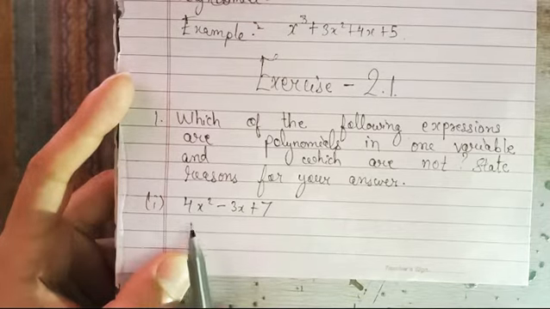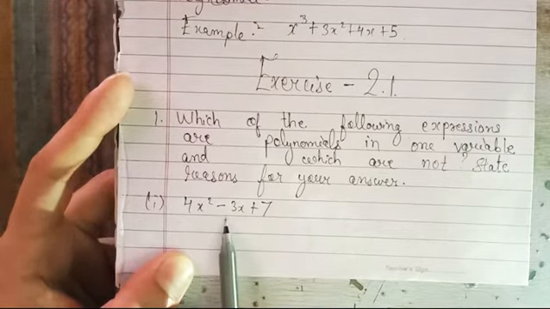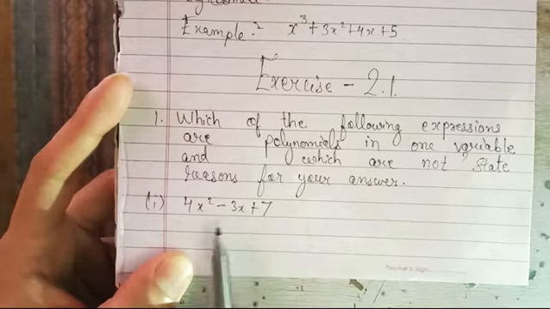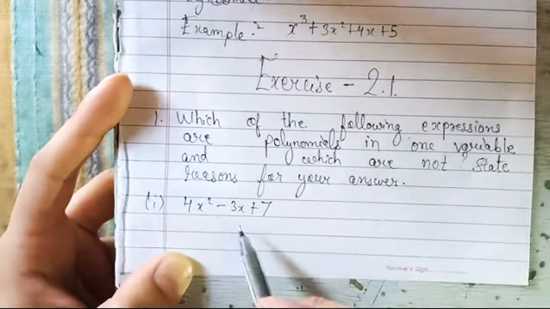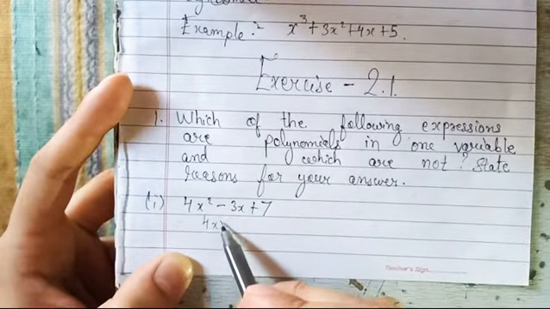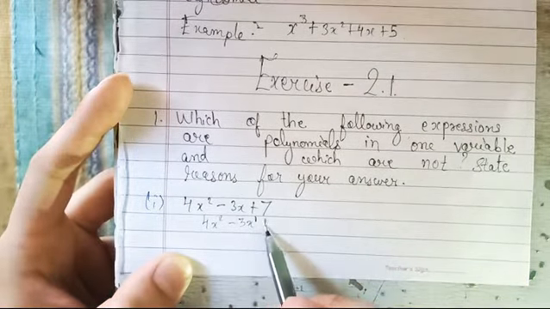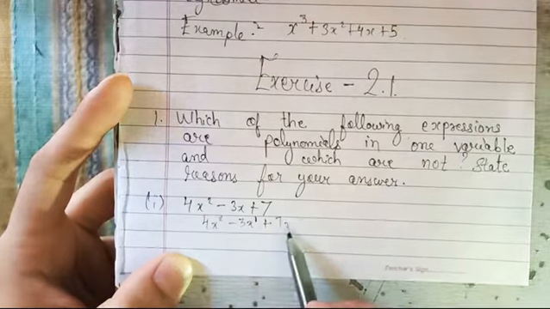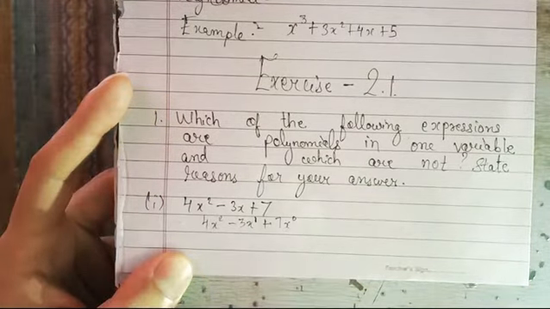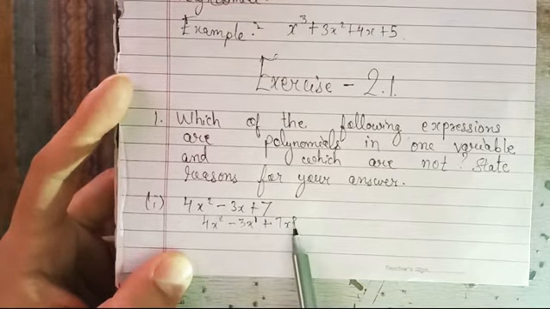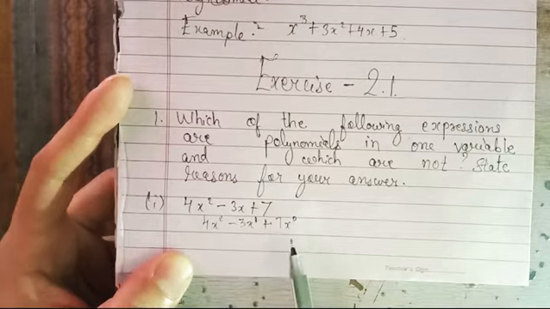So first of all, first question, 4x square minus 3x plus 7. So here if we write this polynomial as 4x square minus 3x to the power 1, and 7x to the power 0. We have already discussed in 8th class also, any number whose exponent is 0, its value is 1.